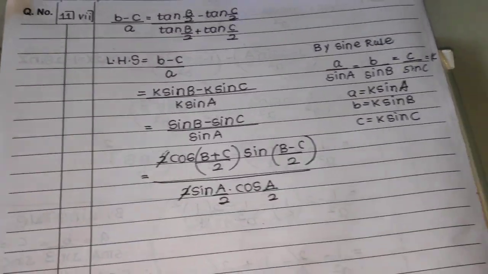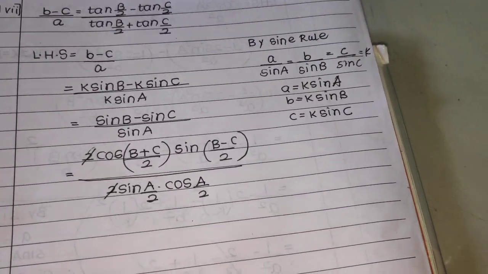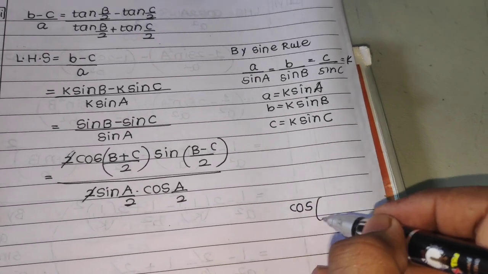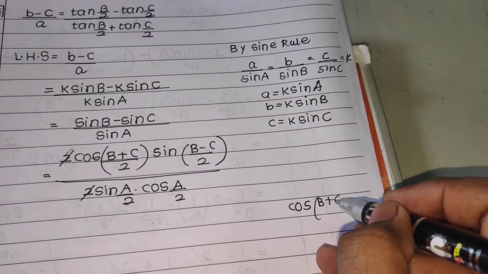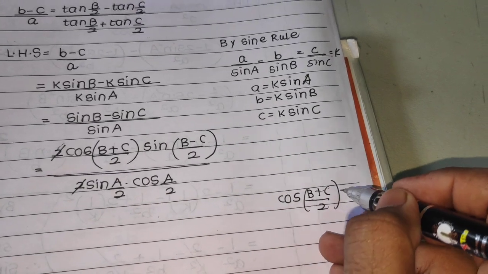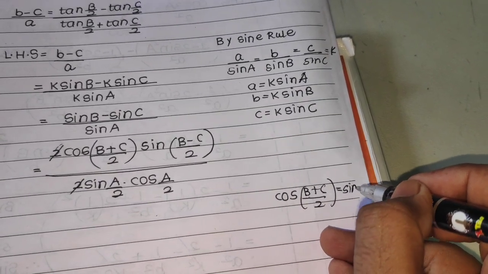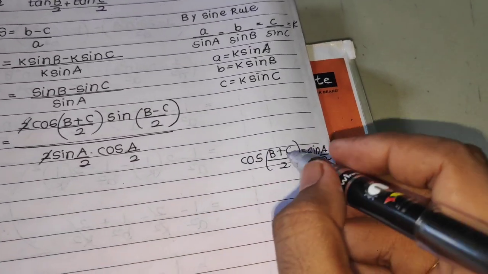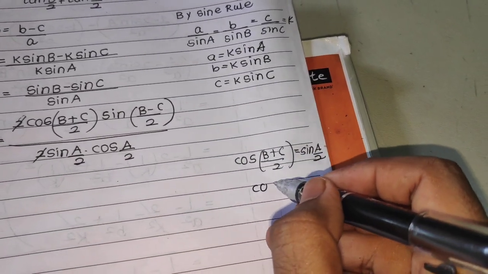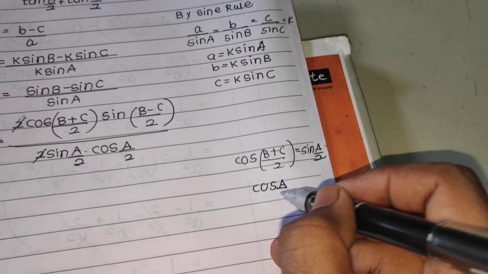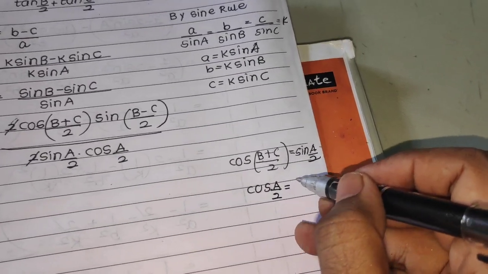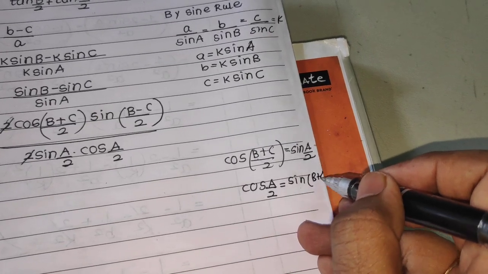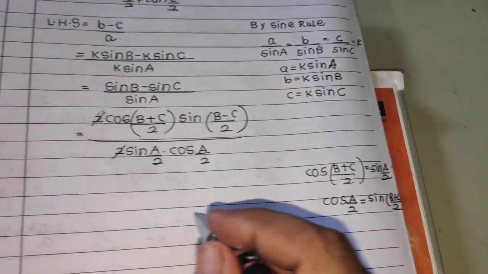At the same time, all of us know about angles of triangle, and in that part there is a formula that cos of (b plus c) by 2 equals sine of a by 2, as well as cos of a by 2 can be written as sine of (b plus c) by 2.